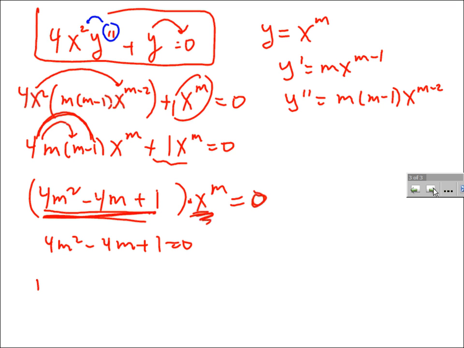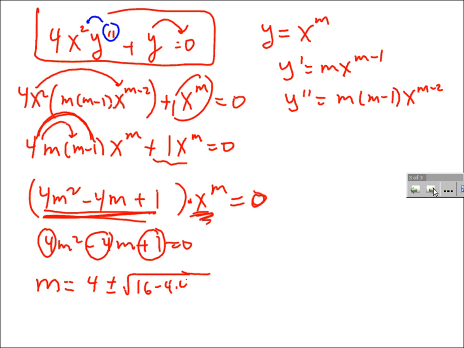We solve it. That's A, that's B, and that's C for the quadratic equation. The m is negative b plus or minus the square root of b squared minus 4 times A times C. Well, this here is 16. And we take it away from 16, we're going to get 0. All divided by 2 times A.